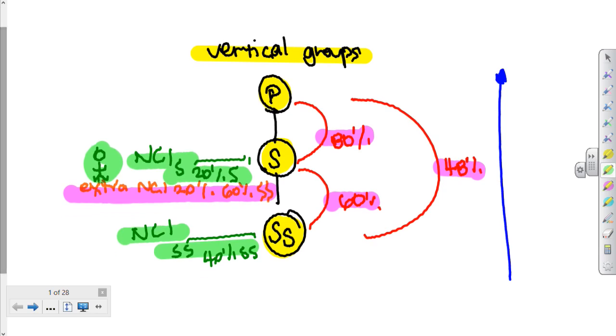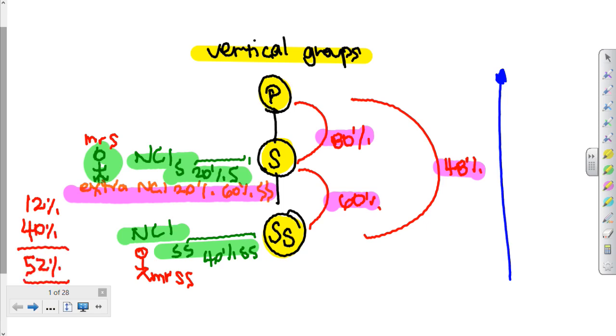If we do that calculation, it means that this guy, Mr. S, owns 12% of SS. This guy here, Mr. SS, owns 40% of SS. So together they own 52% of SS. And then you can see why the parent actually only owns the remaining 48%.